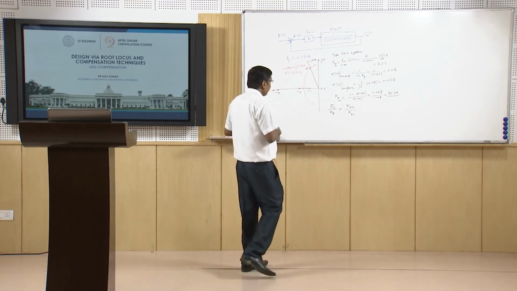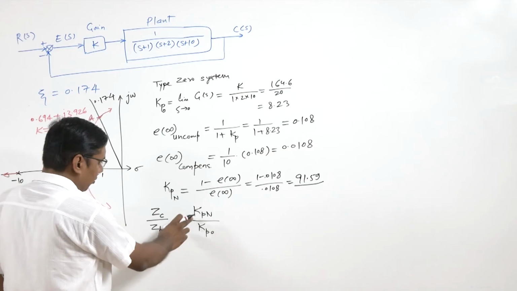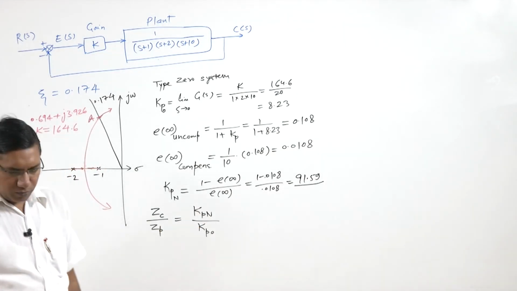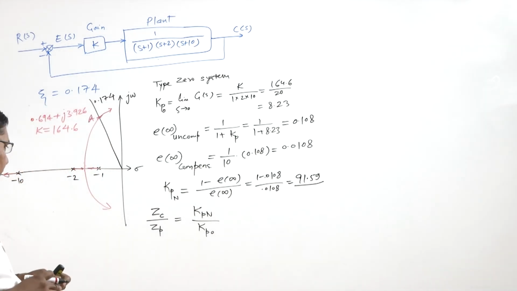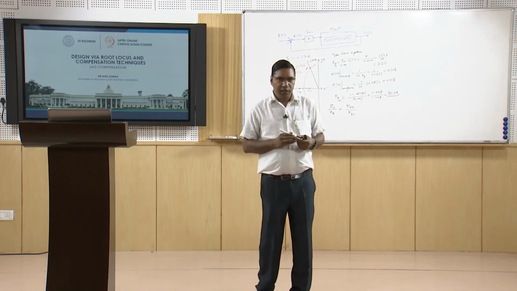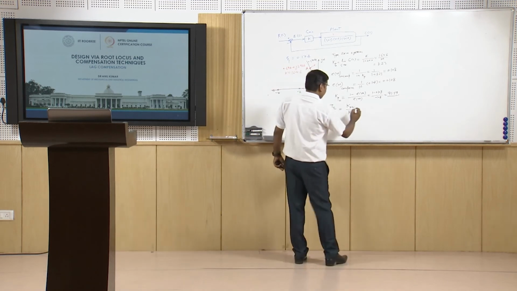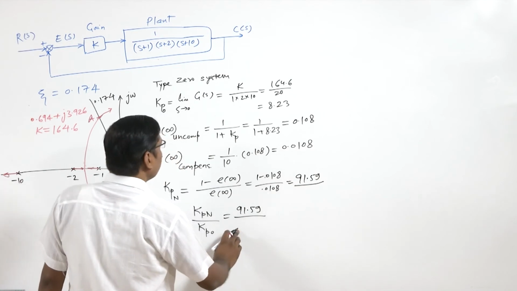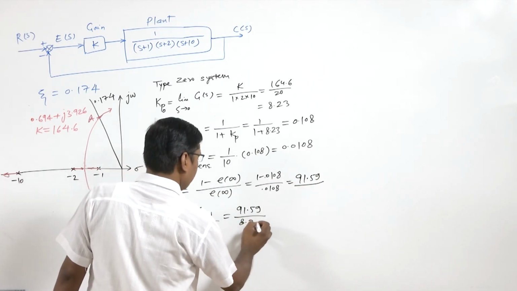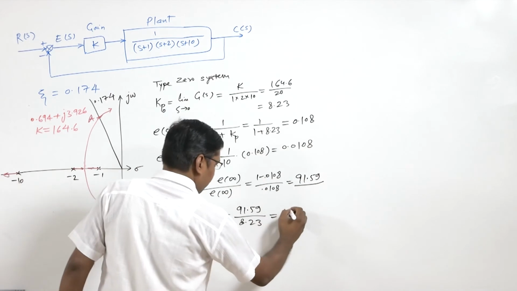We know this relation, that the ratio is equal to what we developed for the earlier case, Kvn by Kv0. Similarly it will be Kpn by Kp0, that is 91.59 upon Kp0, that is 8.23, and so we will have 11.13.